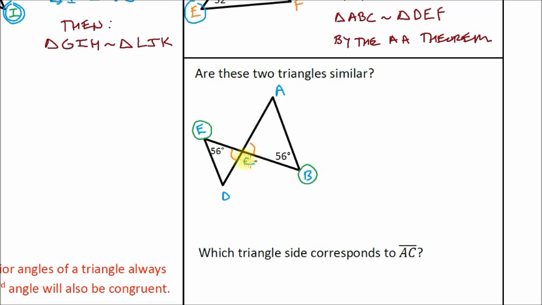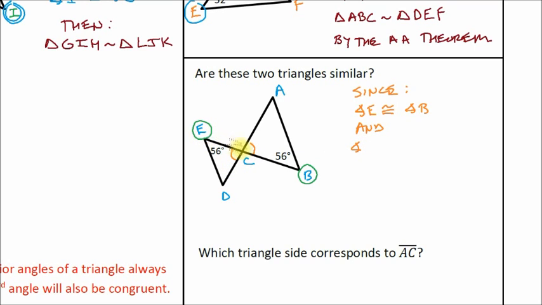We've got angle C, these two angles, and we've got these two angles. So here's what I know. Since angle E is congruent to angle B, and I'm going to put an angle. Now I can't say angle C because I don't know which angle I'm talking about.